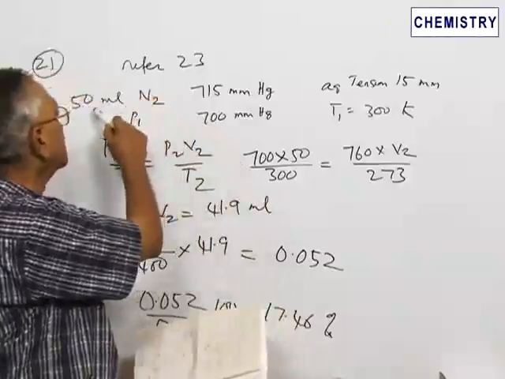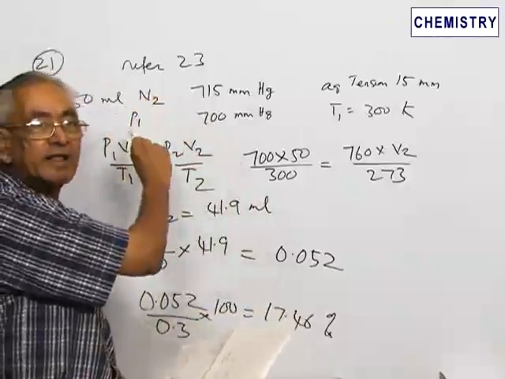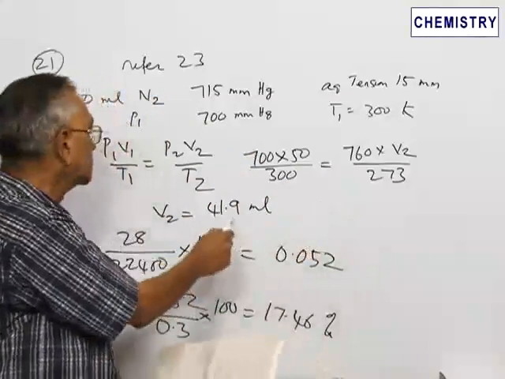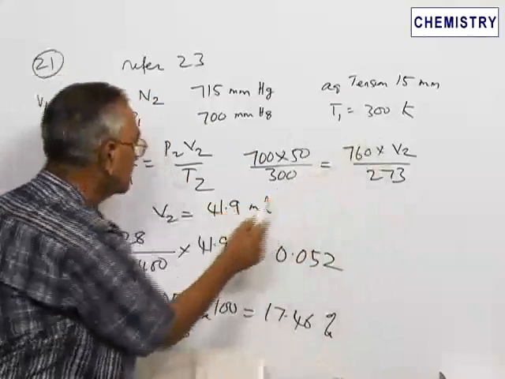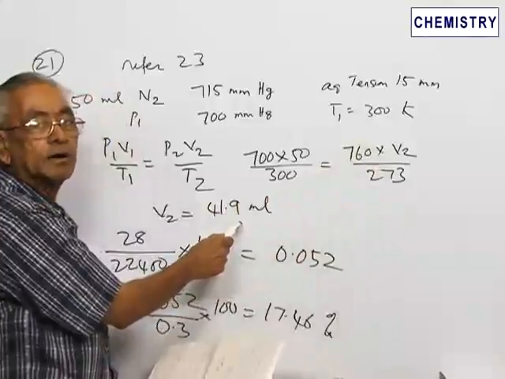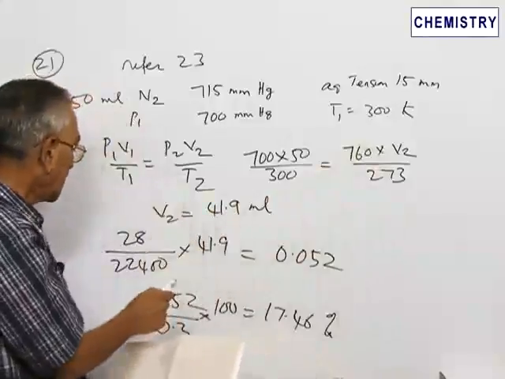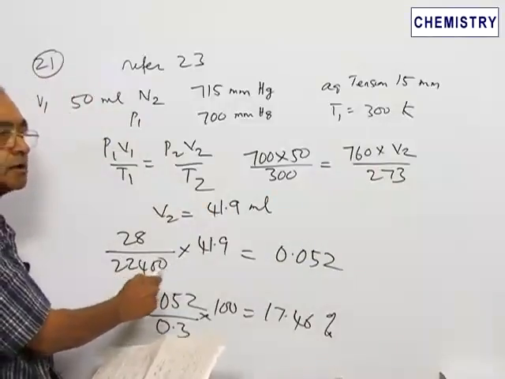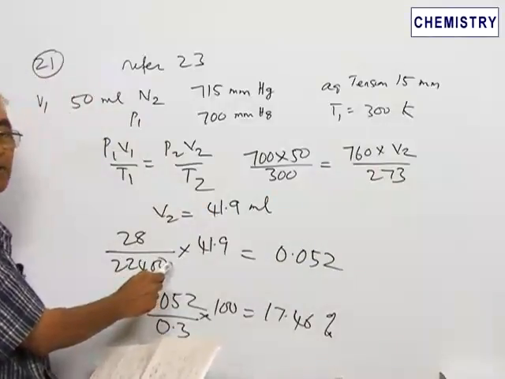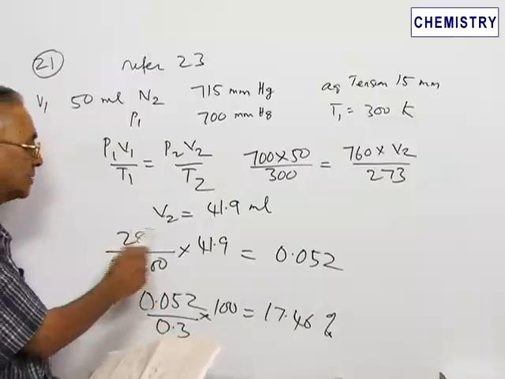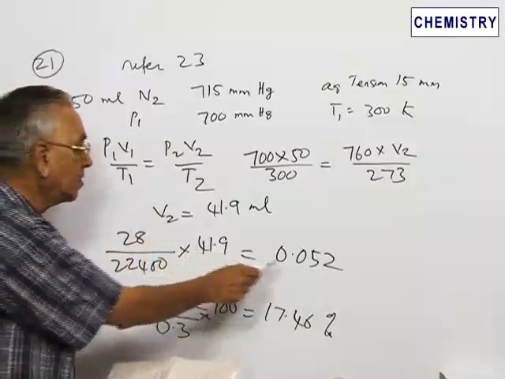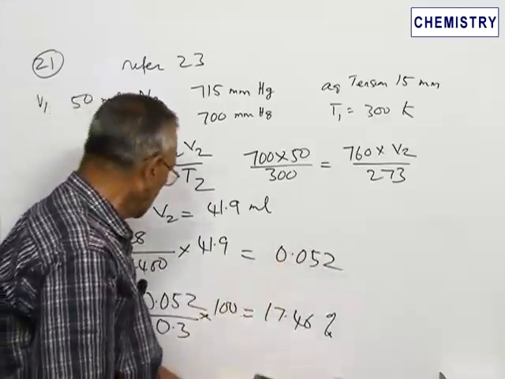The actual volume liberated is given there, 50, but that is not the actual volume we want. We want to reduce it to standard conditions of temperature and pressure. So when you simplify this, the volume will work out to 41.9 ml. Now 22,400 ml of nitrogen will weigh 28 grams, and 41.9 ml of nitrogen at NTP will weigh 0.052 grams.